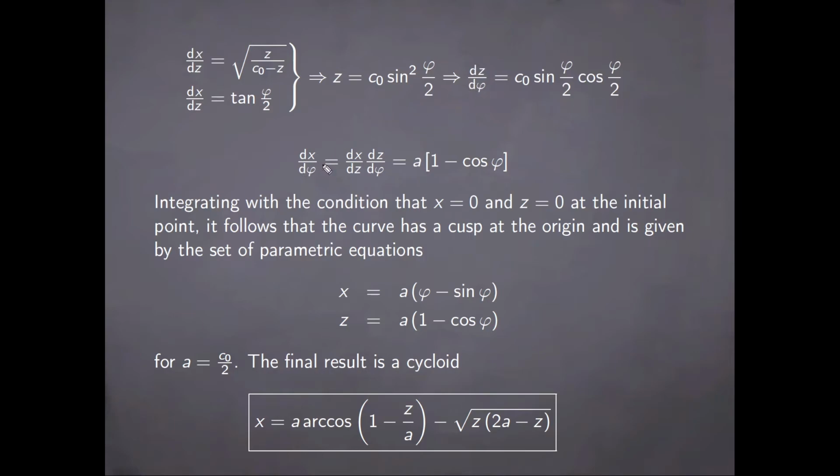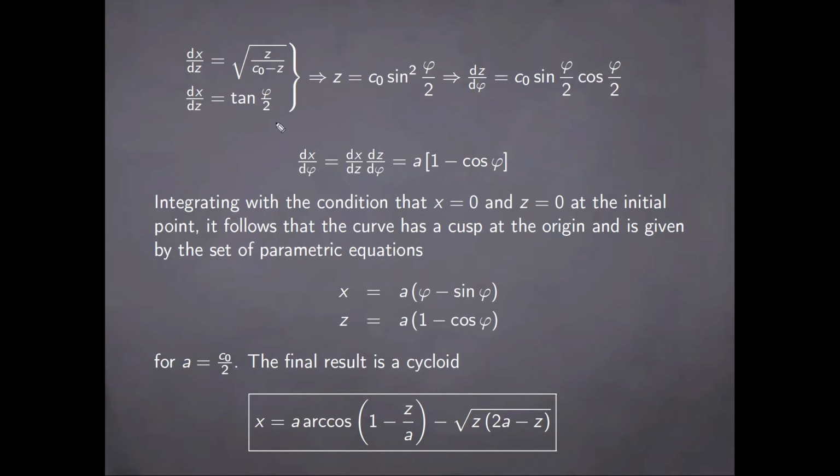And then I can take the derivative of x with respect to phi by making use of the chain rule of differentiation to obtain the expression here, which can then be simply integrated with the condition that x and z are equal to 0 at the initial point, from whence it follows that the curve has a cusp at the origin and is given by the following set of parametric equations for x and z as functions of phi, with the constant a being equal to c0 over 2.